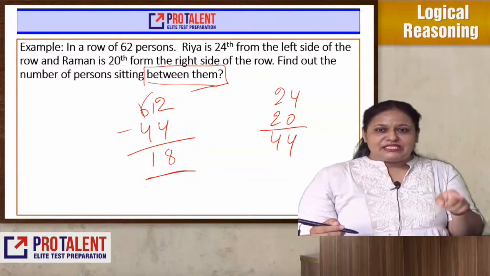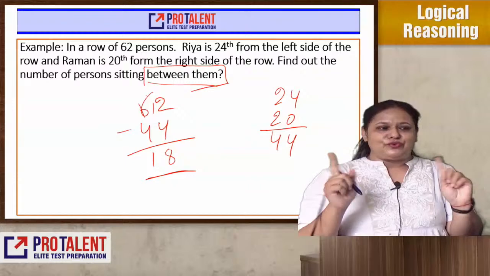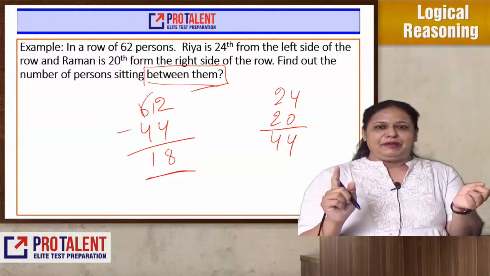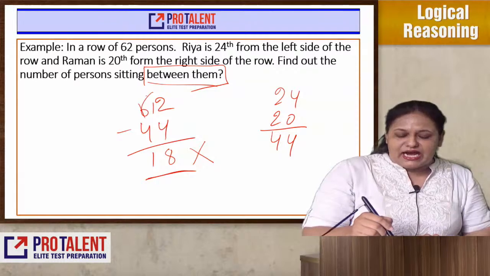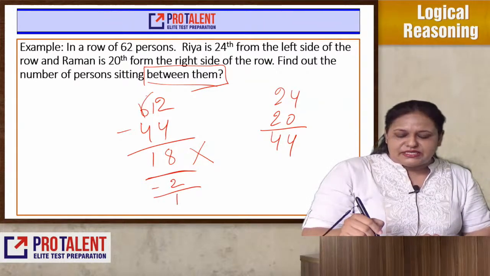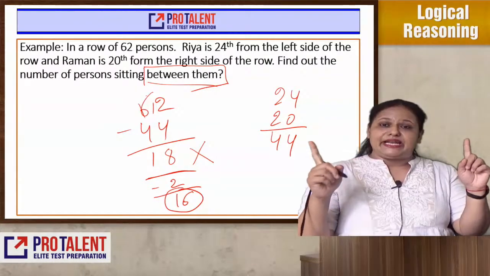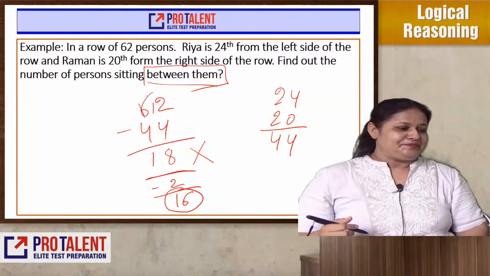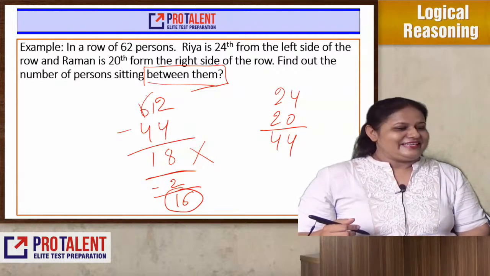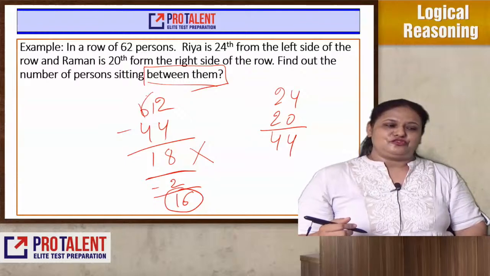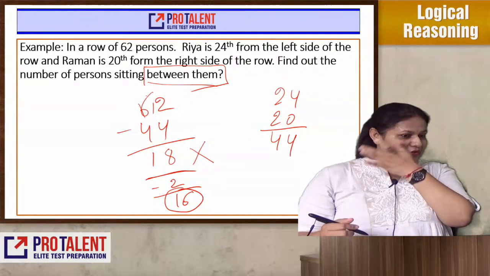The question is between them, so we'll have to exclude the two people, and hence the answer is not 18. The answer is going to be 16, because it has been asked between them. Yes, Varsha, perfect. It has to be 16. Okay, fine.